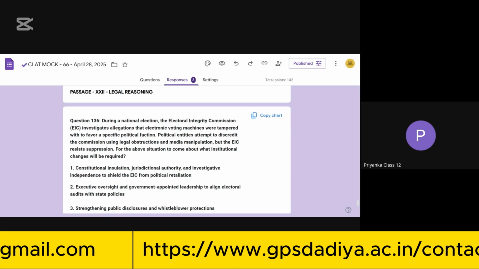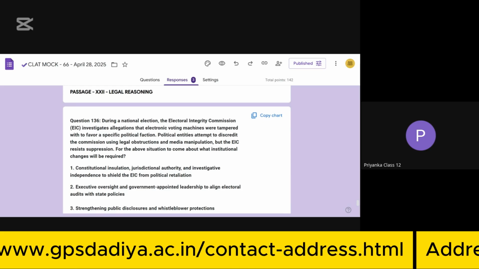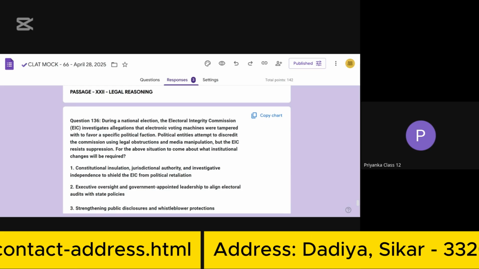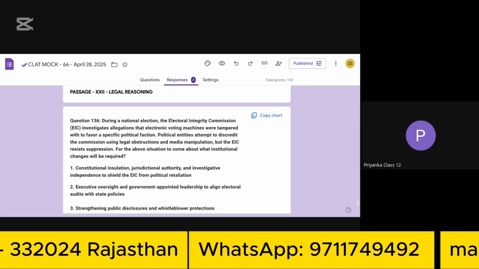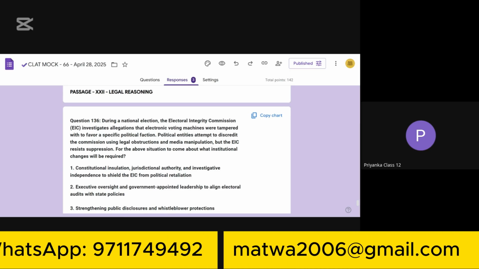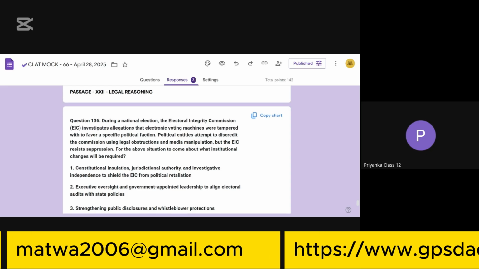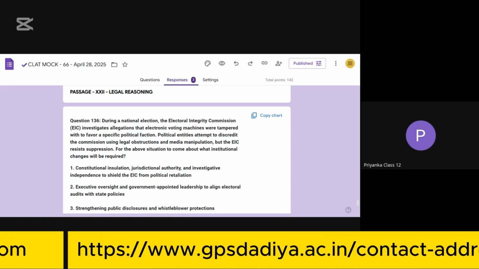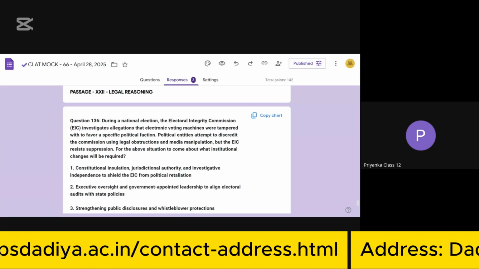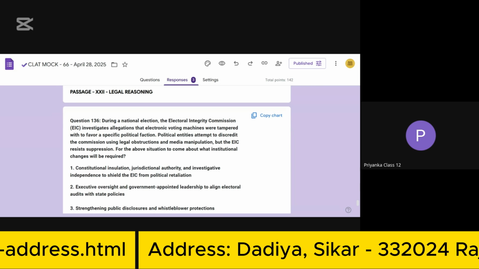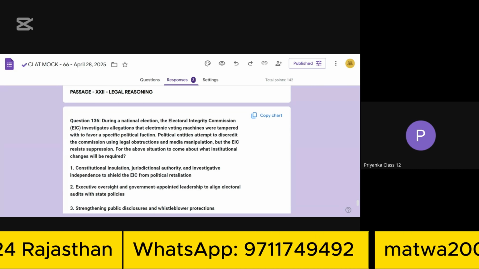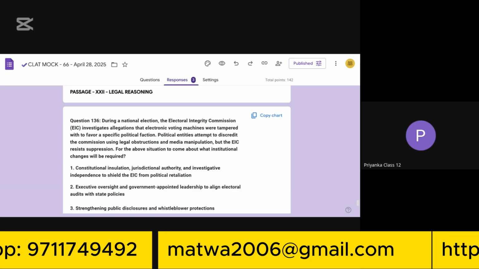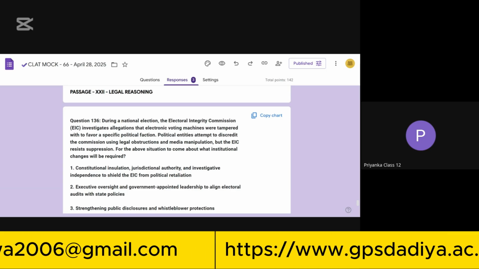For example, the CBI director's appointment seems balanced on paper, but most officers are selected by executive-controlled panels, and the ED is directly under the finance ministry, and even the panel that selects its director is largely filled with bureaucrats loyal to the government, and even their powers are restricted.